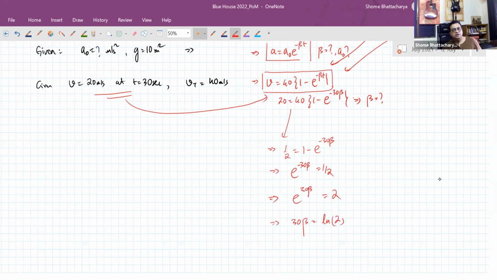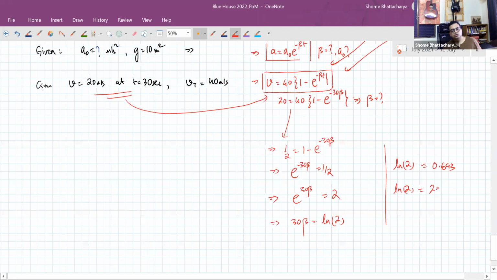And ln2, as you might have seen in chemistry, a lot of calculations are based on this, is approximately 0.693. ln2 is actually 2.303 times log 2, that is log 2 to the base 10, into 0.3010. Now this 30 is in seconds, whereas ln2 is dimensionless.